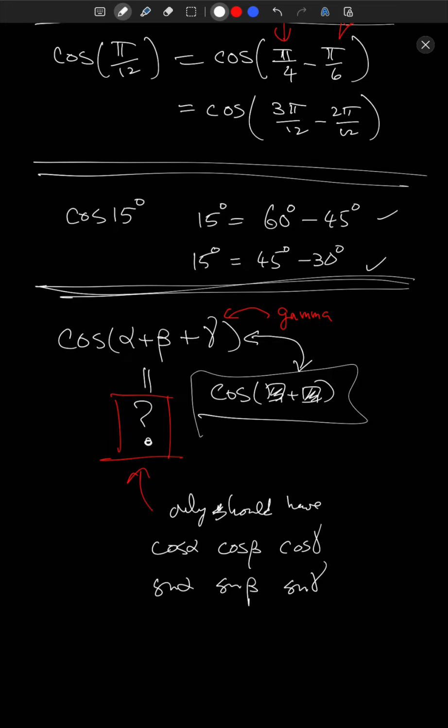So I want this identity in the same spirit as the ones that we've just seen, where you break down the cosine of the sums into individual tiny pieces, of cosines of alpha, beta, gamma, sines of alpha, beta, gamma. So you should try to figure this one out.